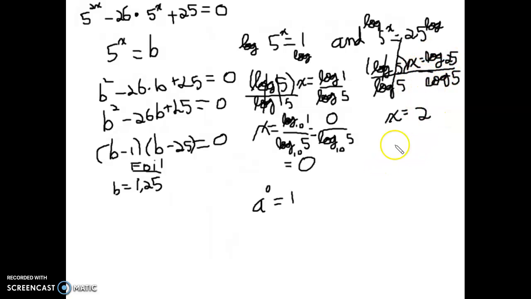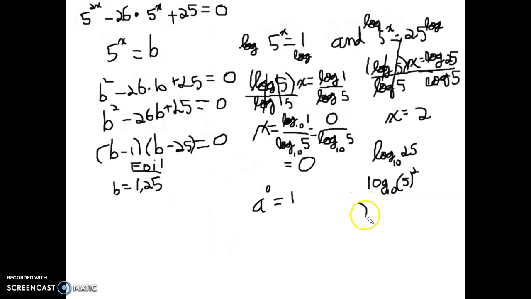Because log base 10 of 25 you can rewrite as log base 10 of 5 to the power of 2.